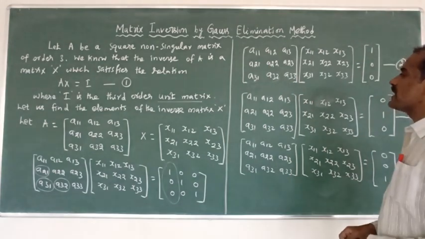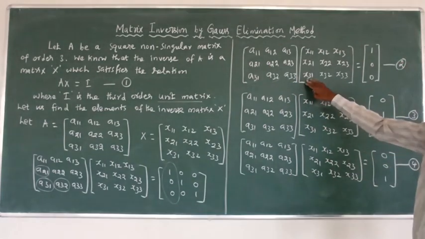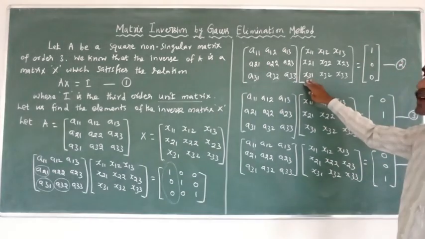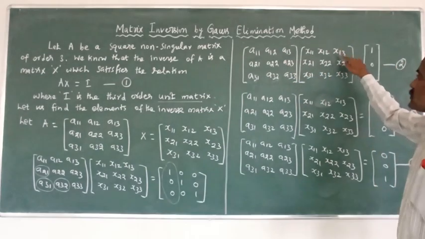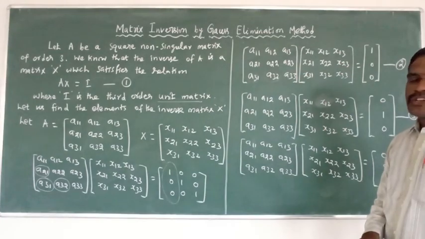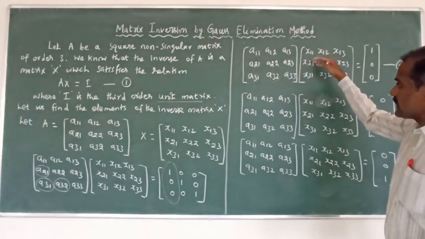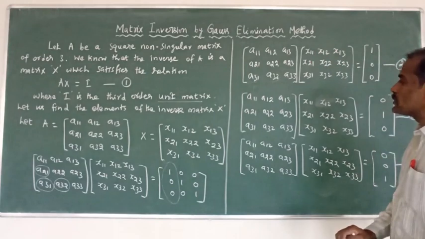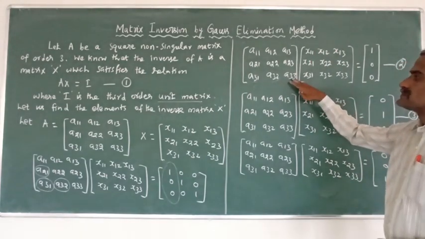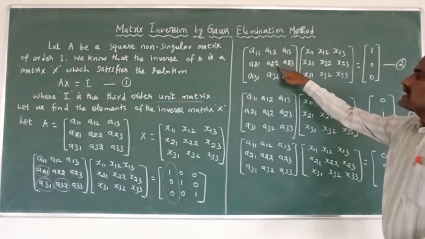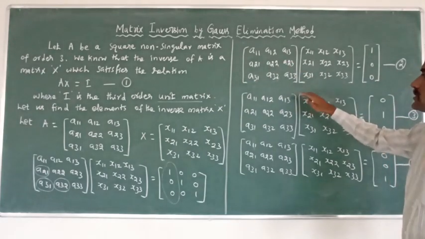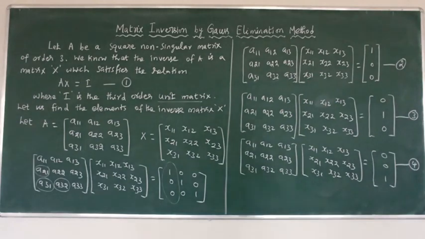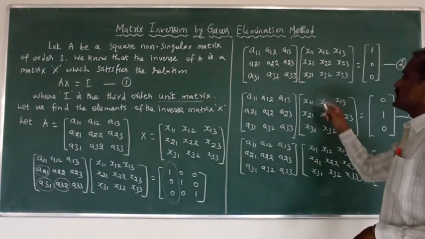There are three equations. From these three equations, we can find the value of X33 and the others.